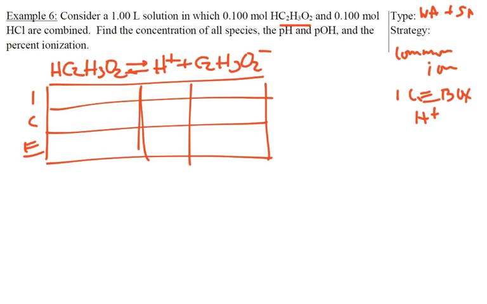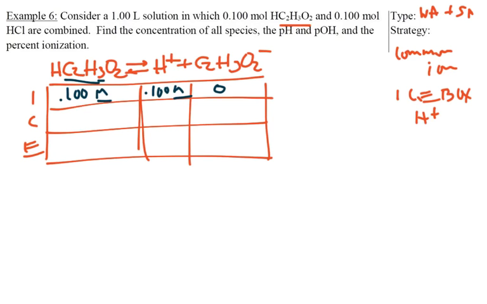So I'm starting off with a value of 0.1 molar, and I have an initial value of HCl. So my 0.1 molar, this stuff here initially, I'm putting it in as acetic acid, but my HCl is going to give me some 0.1 molar H pluses as well, and 0 acetate.